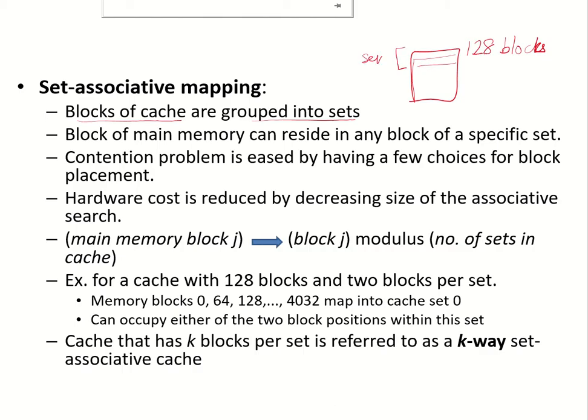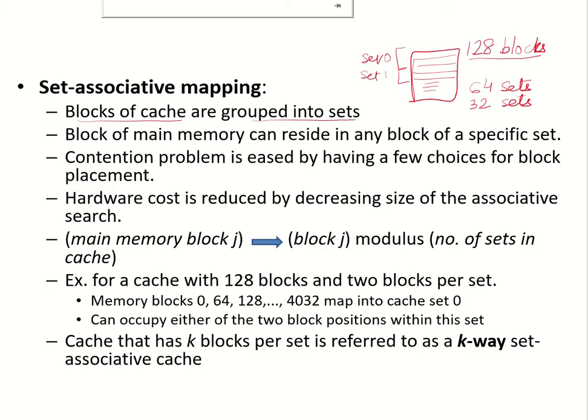So this will be set 0, then the next 2 blocks will be set 1, and so on. If there are 128 blocks and 2 blocks per set, then we will have 64 sets. If we have 128 blocks and 4 blocks per set, then we will have 32 sets.